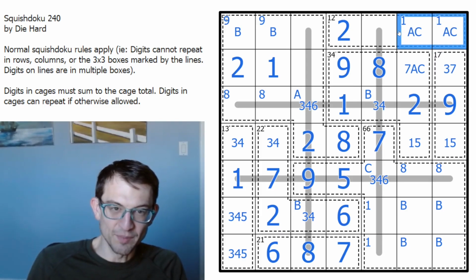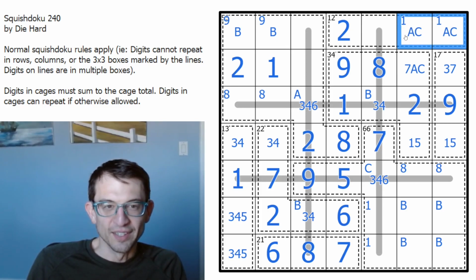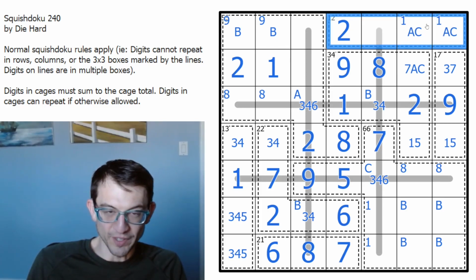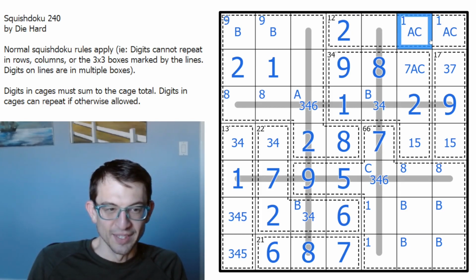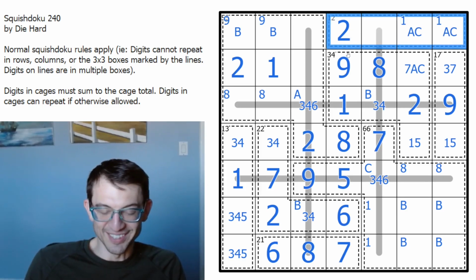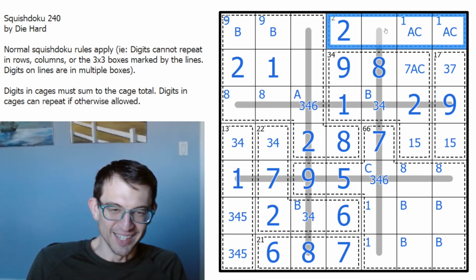These can't be 7 because they're in the 12 cage, right? And the most I could have is a 6. If I have 1, 2, 3, 6, that is the smallest I can make it with a 6. If I try to do 7, I can only have 5 here. It's not going to work.